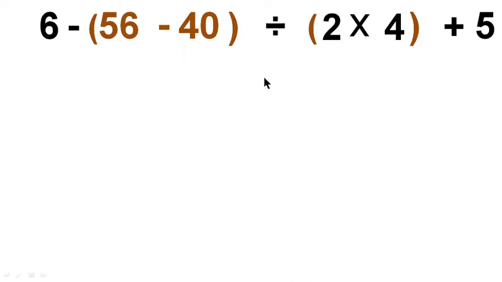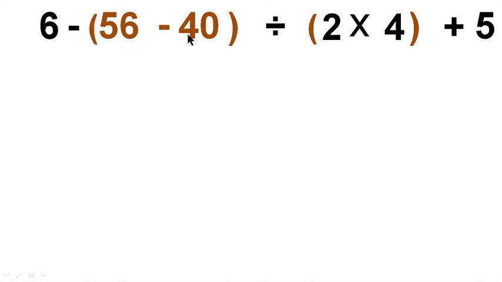This one is a simplification, and in the simplification there is a first bracket. There is a first bracket here and here same first bracket. So we will subtract here at first.